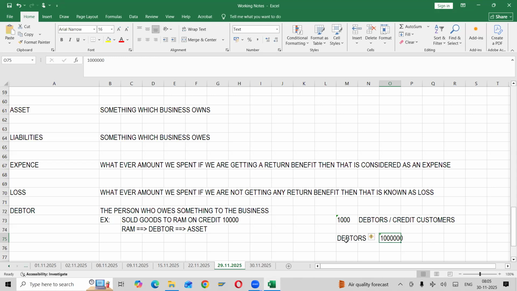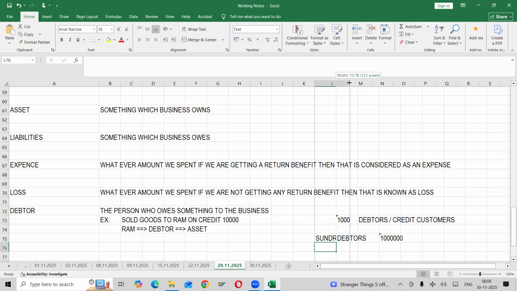So when I say debtors, it looks like I need to receive from only one person. So what we did, we have clubbed all the debtors. All the customers we have clubbed, and we have mentioned the total amount we need to receive. Then what we call in accounting is a sundry. Remember this.